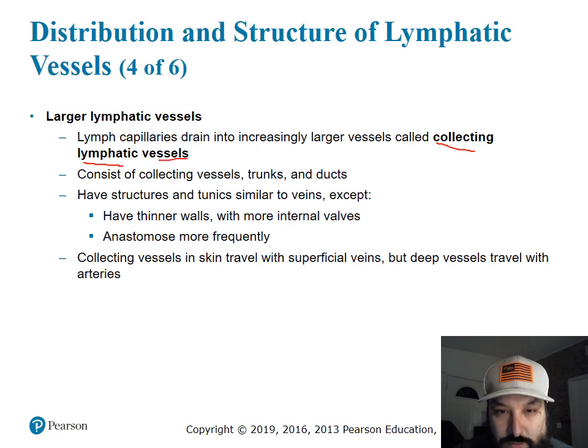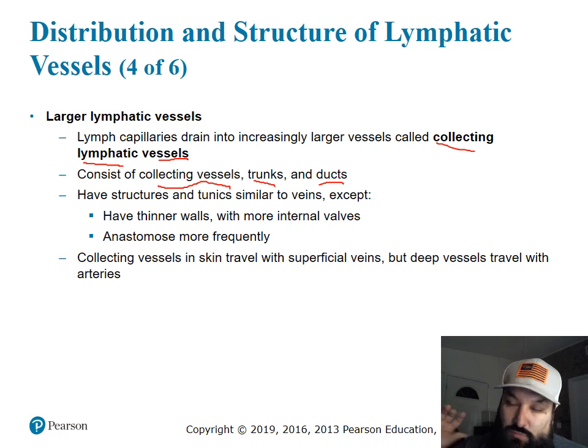These consist of collecting vessels, the trunks, and the ducts. All three fall into this group we call collecting lymphatic vessels. They are very similar to veins, more so than arteries.